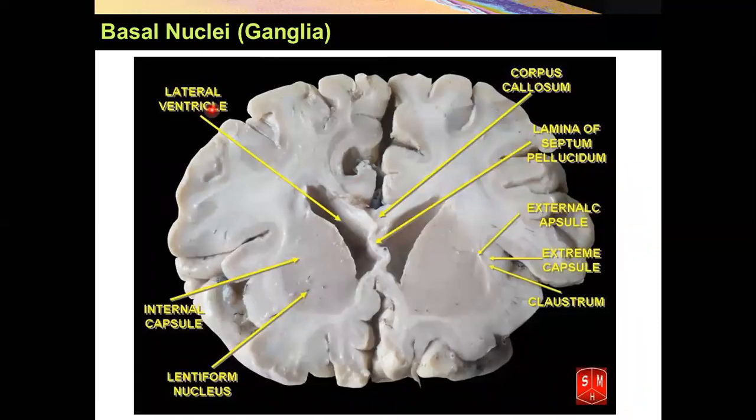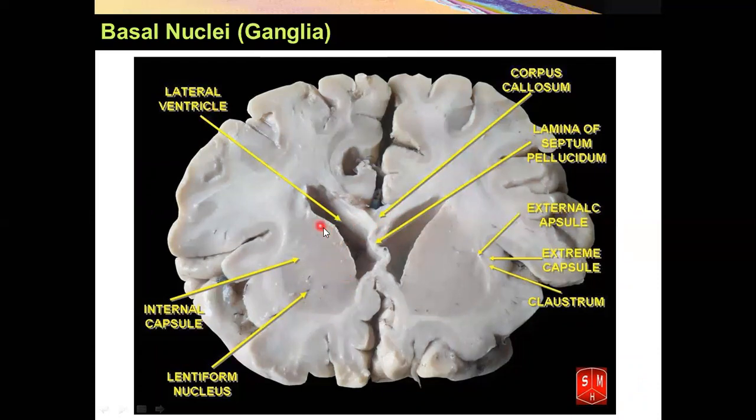Okay, now let's review the basal nuclei on this brain section. Here is the lateral ventricle, its anterior horn, and they're separated by the septum pellucidum. Here is the corpus callosum, and here we see the thalamus.